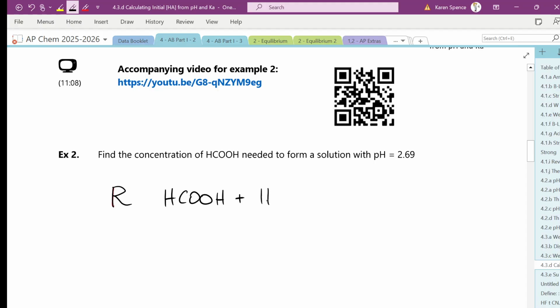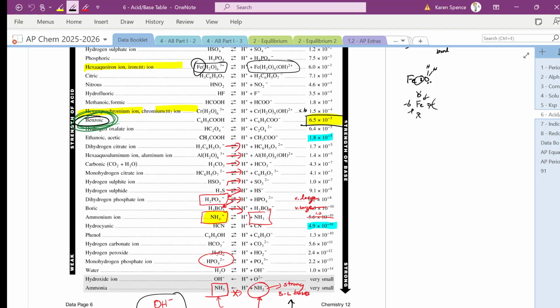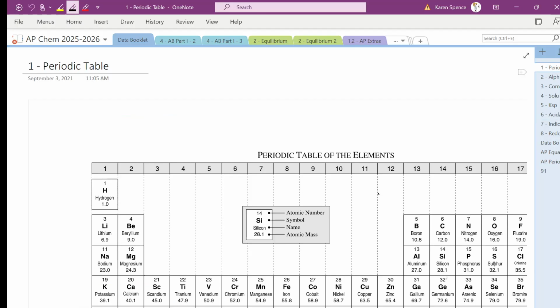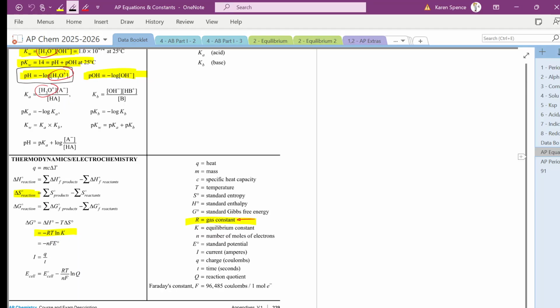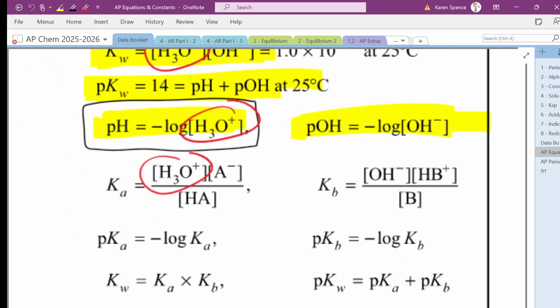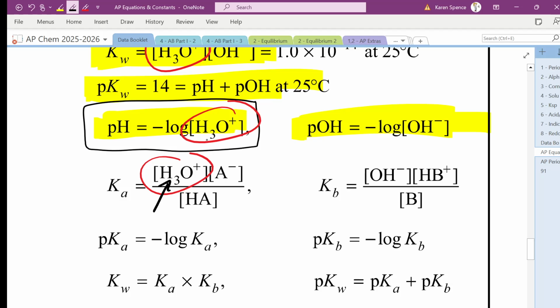But because you guys are taking AP and the AP booklet gives you H3O plus, H3O plus, H3O plus, I would tend to go that route.